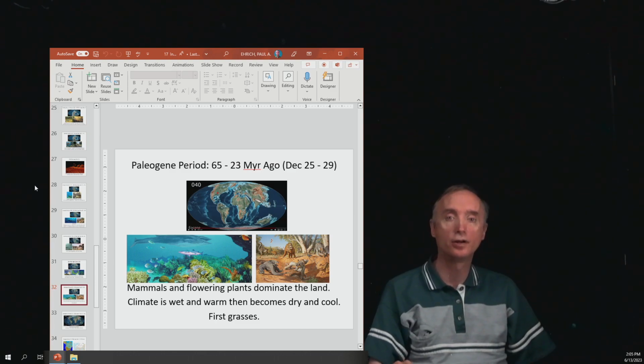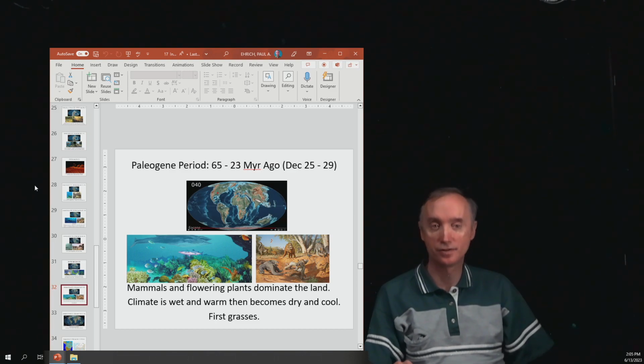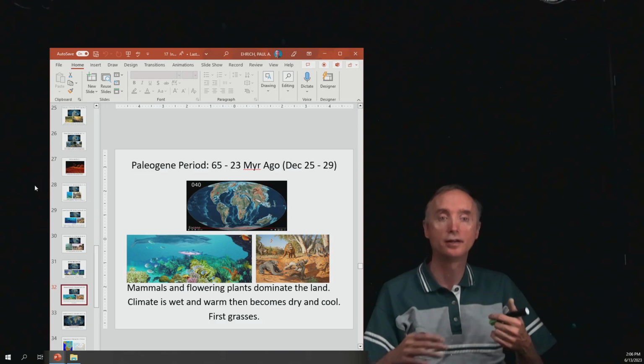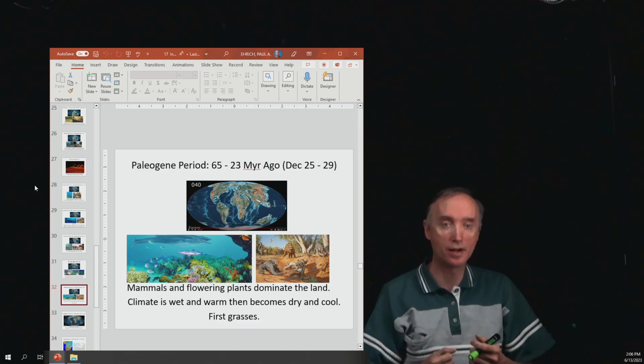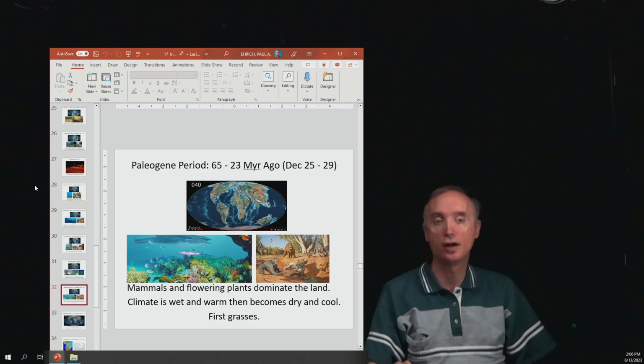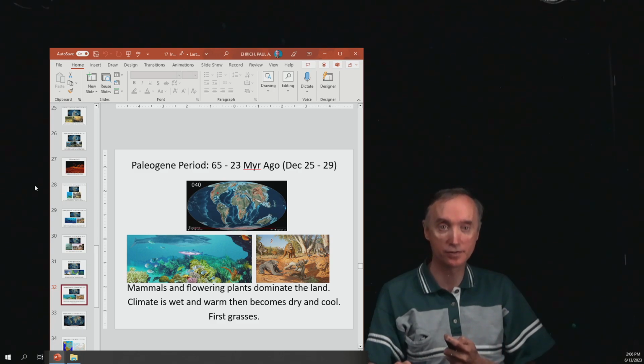Okay, now we're going to go into the Cenozoic. During the Cenozoic, this is the age of the mammals. And notice that we got mammals, which have an advantage over reptiles in that a mammal carries its young in its body instead of laying an egg. This is also the age of grasses and flowering plants.